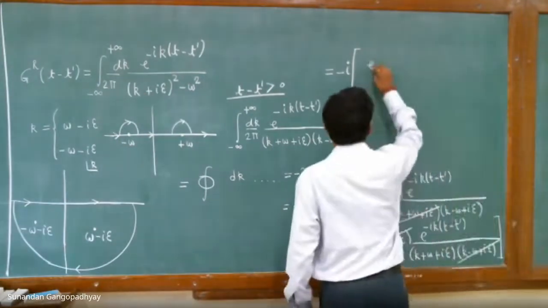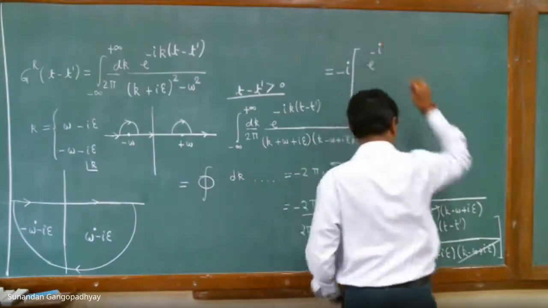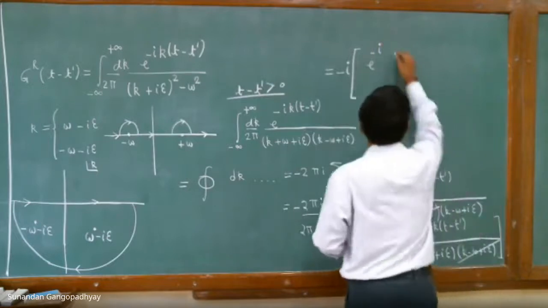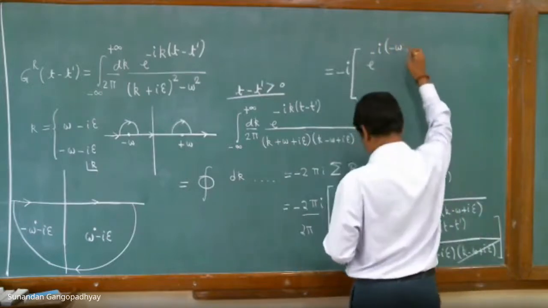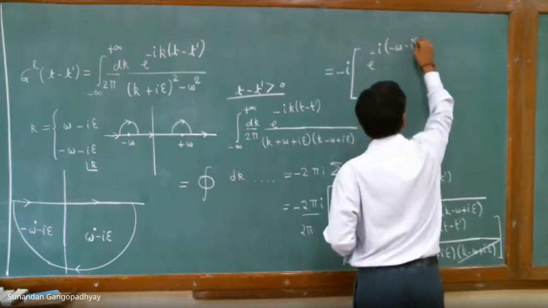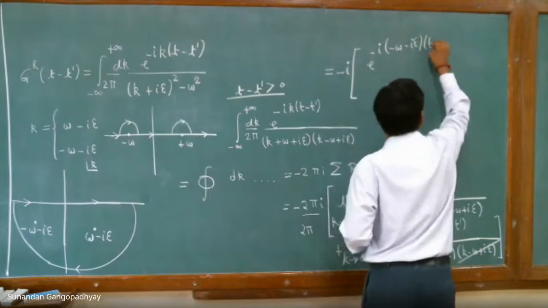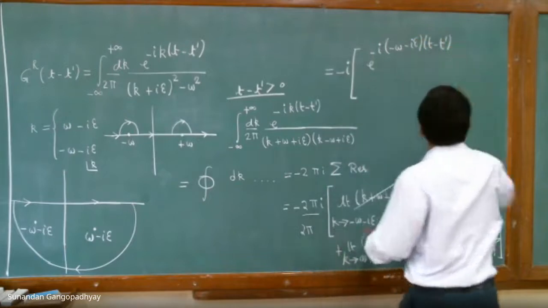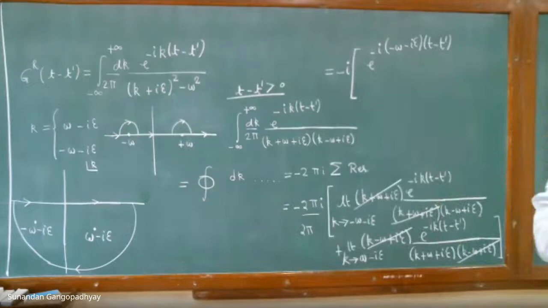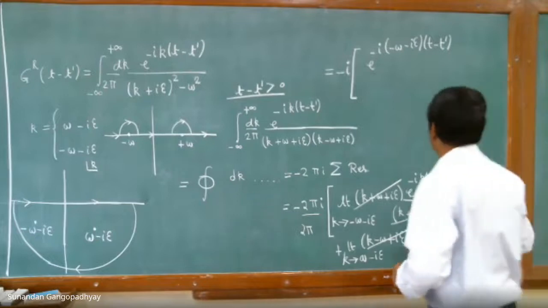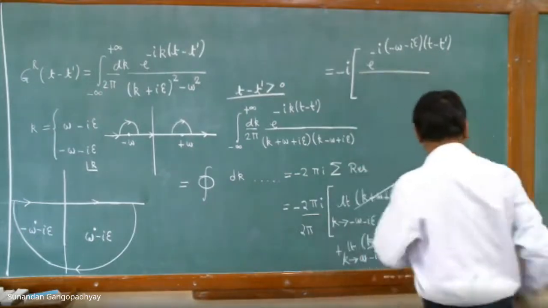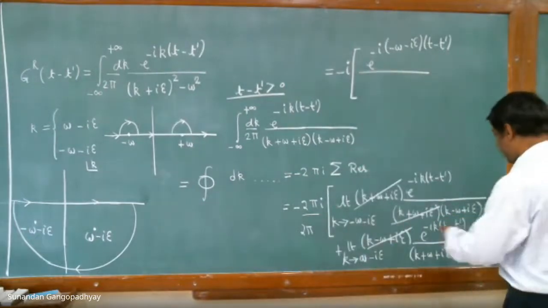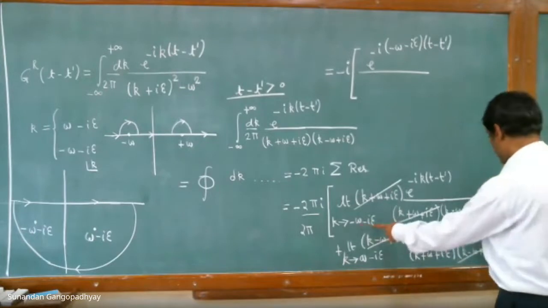So k is basically minus omega minus i epsilon, minus t prime. So this is done. And here we have to set k equal to minus omega minus i epsilon.